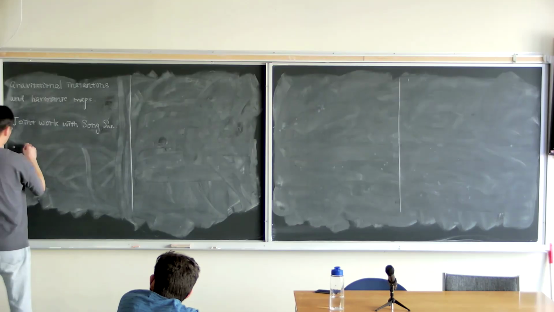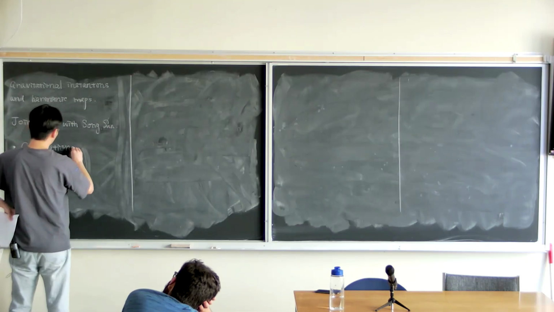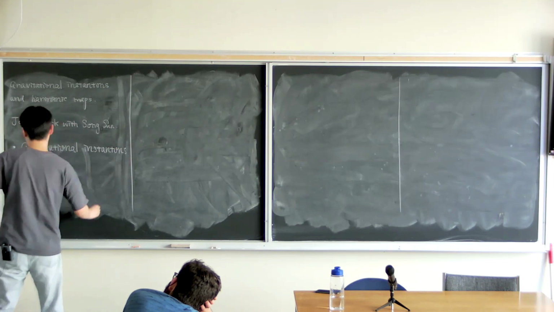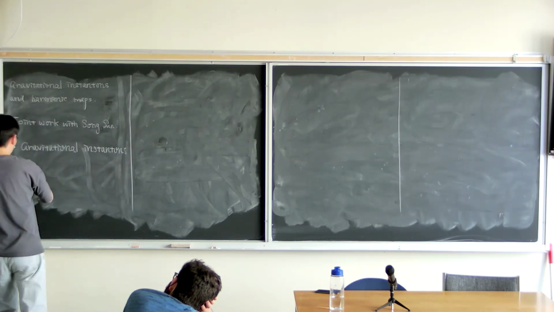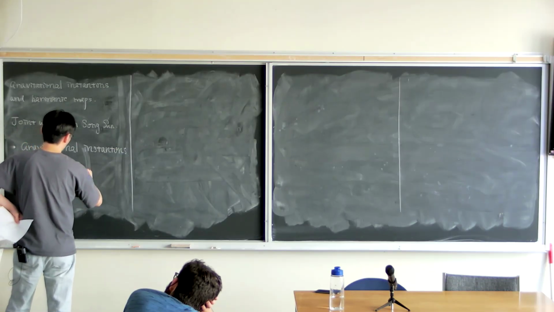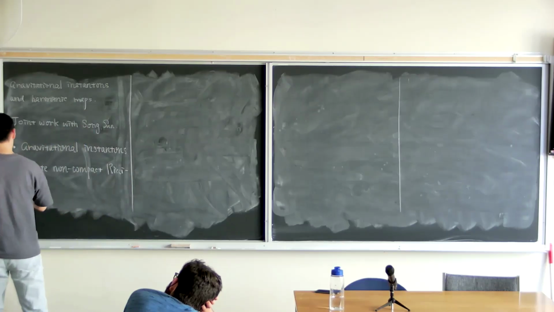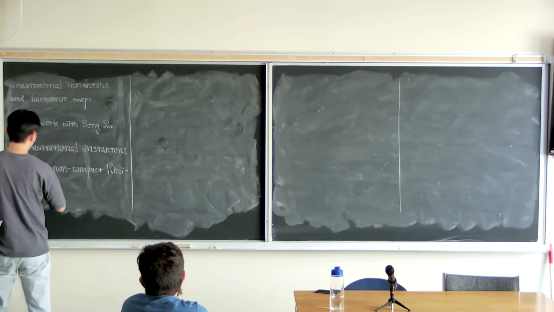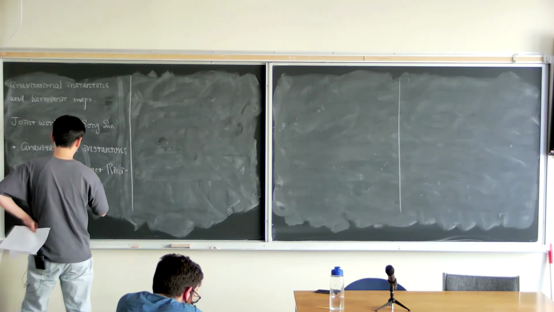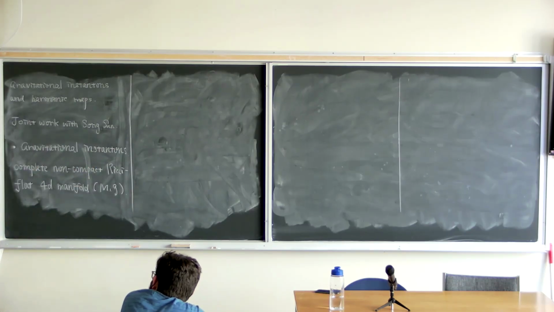So by gravitational instantons, in my talk, I just mean complete, non-compact Ricci flat metrics on a four-dimensional manifold M, g, with an extra assumption on the regularity.